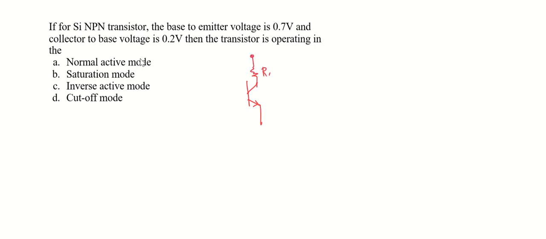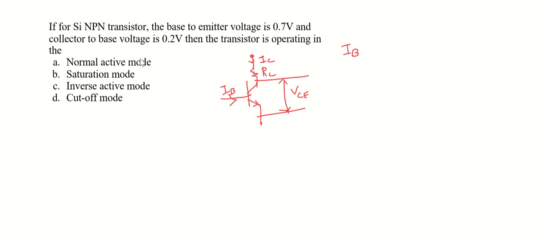This is RC, this is the base current, and this one is the collector current, and the voltage across here is the VCE. This is our output voltage. How are these related?